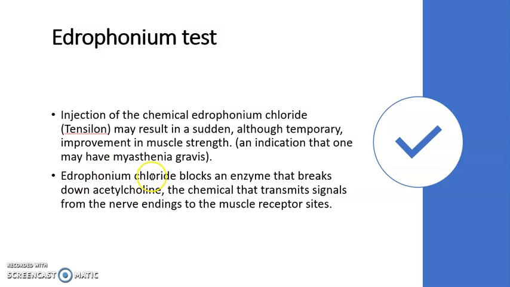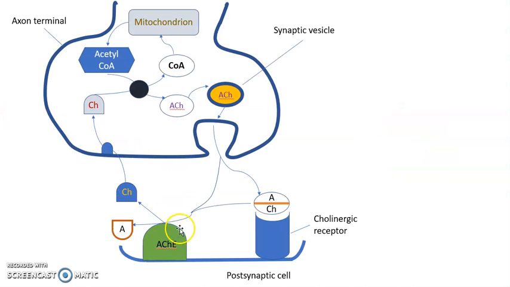So edrophonium, as we know, blocks an enzyme, acetylcholinesterase, that breaks down acetylcholine. And acetylcholine is the chemical that transmits signal from the nerve endings to the muscle receptor site. This is of course in layman or easier terms. So you inhibit the breakdown here, so you have more action on the cholinergic receptor.